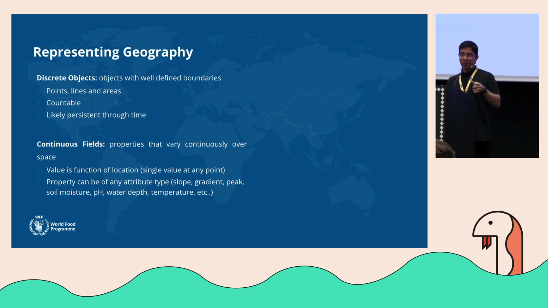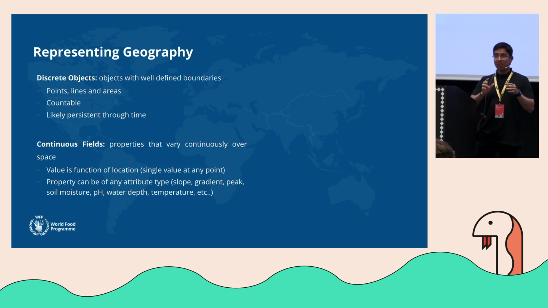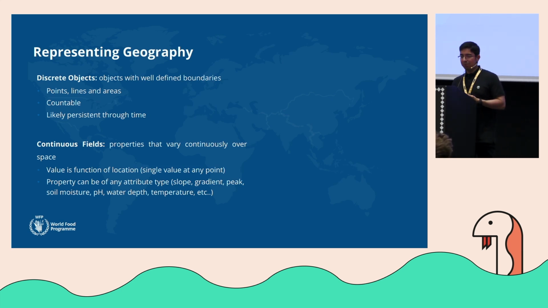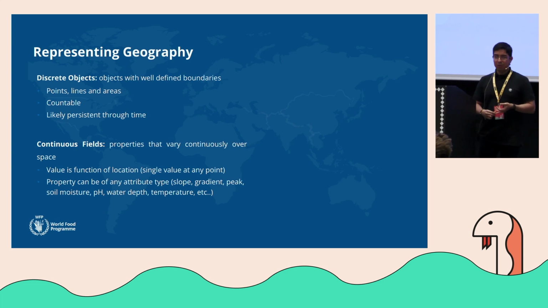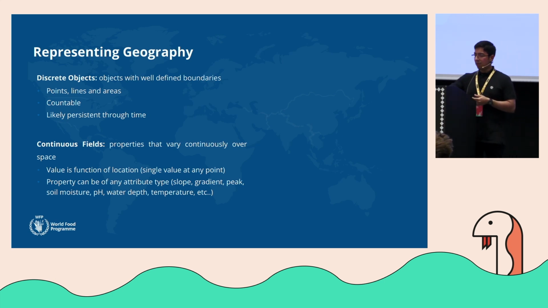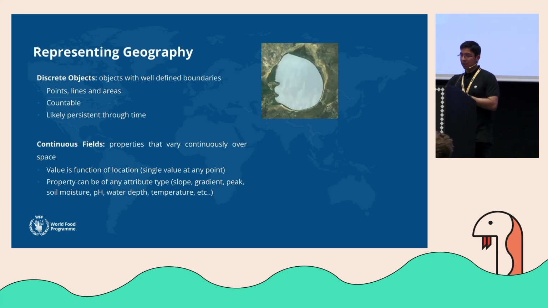In that case, those are not discrete objects. Those are continuous fields, properties that change consistently over space. Examples could be soil moisture, water depth, temperature of the surface, and so on.